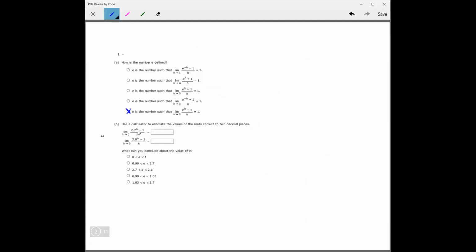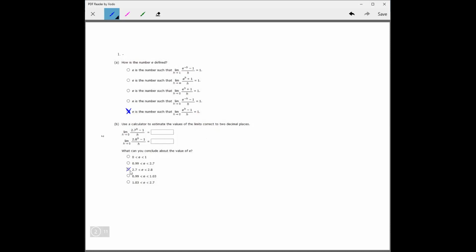Okay, so we're supposed to find these two limits here. The limit as h goes to 0 of (2.7 to the h minus 1) all over h, and also the limit as h goes to 0 of (2.8 to the h minus 1) all over h. You probably already know that the number e is 2.7 something, so it's between 2.7 and 2.8.